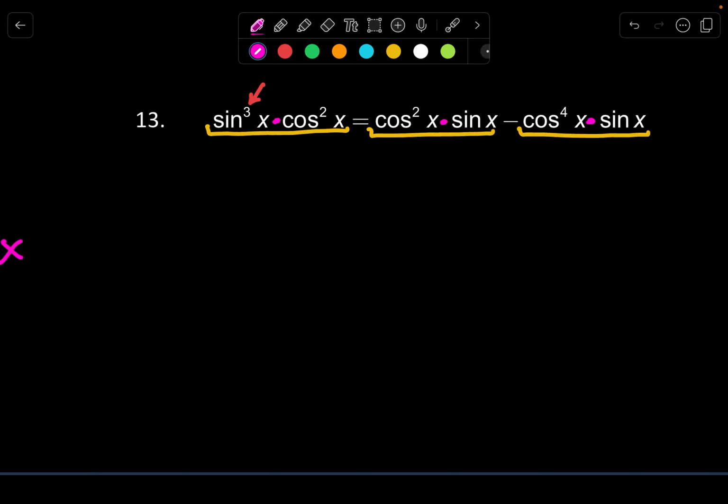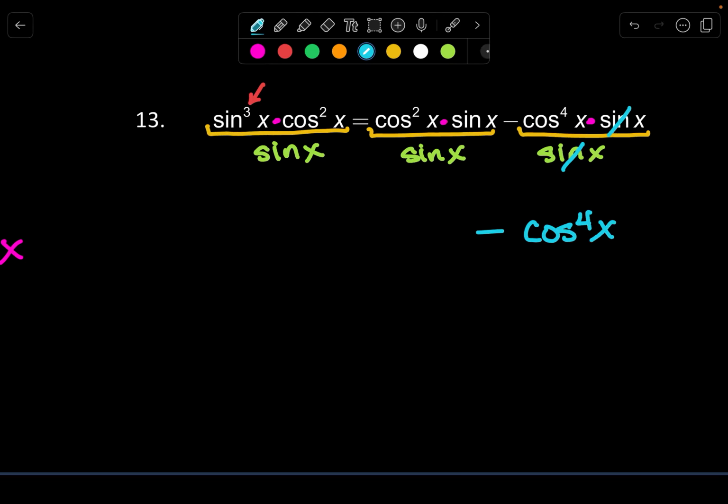Notice that each one of them has, and I'm going to do this in 2 steps just so it's not too overwhelming, at least a sine x that I could factor out or divide out. So if I start with dividing by sine x, I'm going to start down here on the far end. These two cancel out. So that means all I have is cosine to the fourth x.